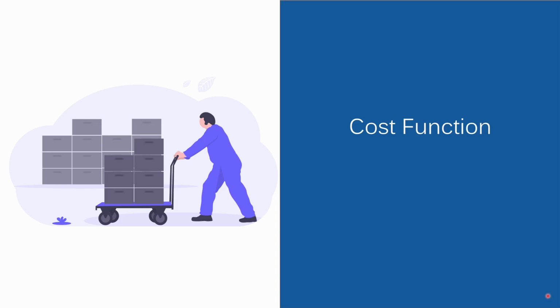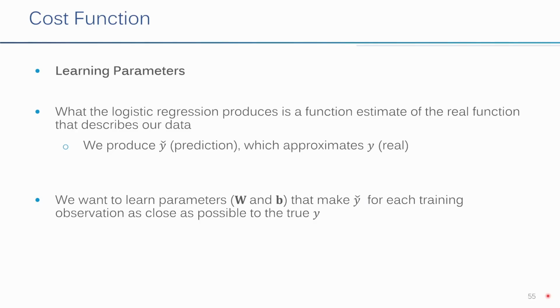So after we're correlating our inputs with our outputs, we need to make sure that whatever final prediction we have does approximate the real function that is describing our data. So in the end, all that we're doing is trying to produce an estimate of a real function, and most likely we'll never get there, but the closer we get, the better.